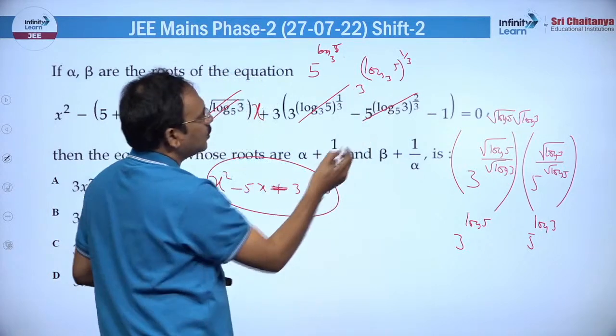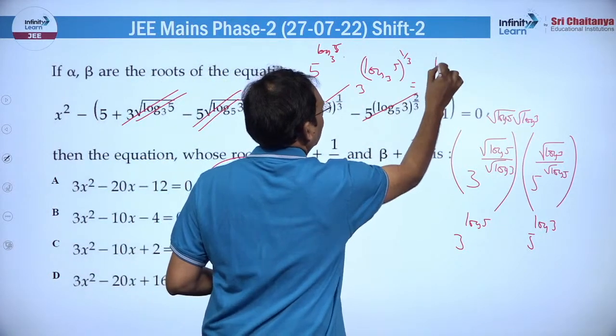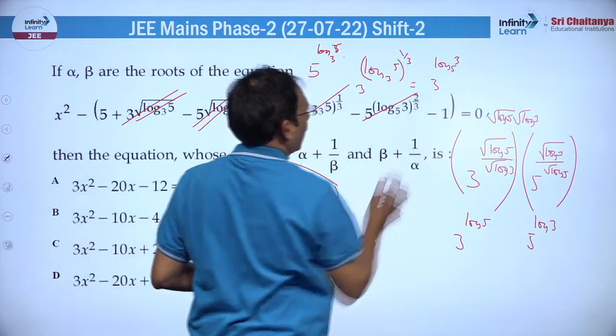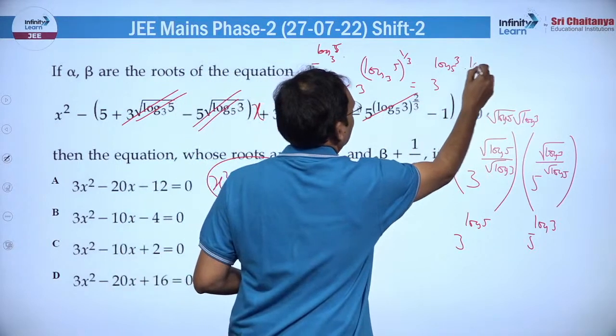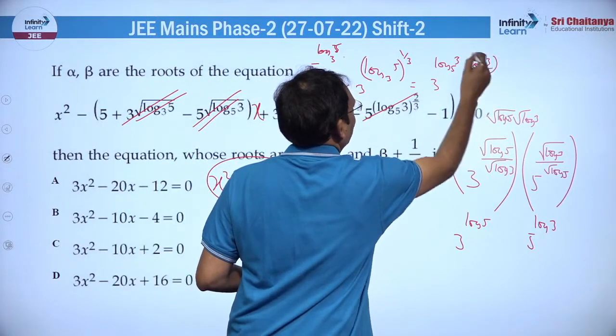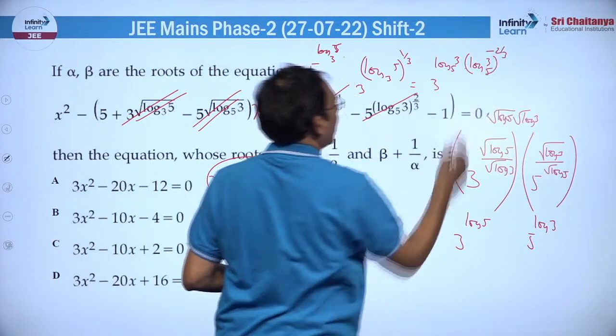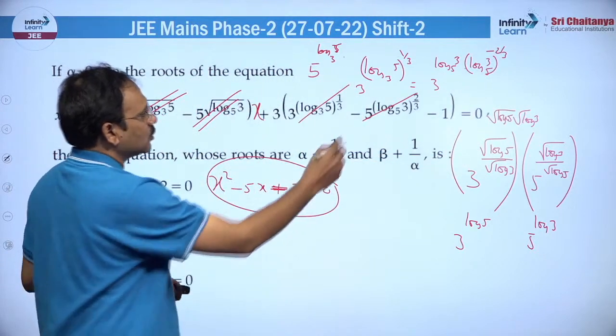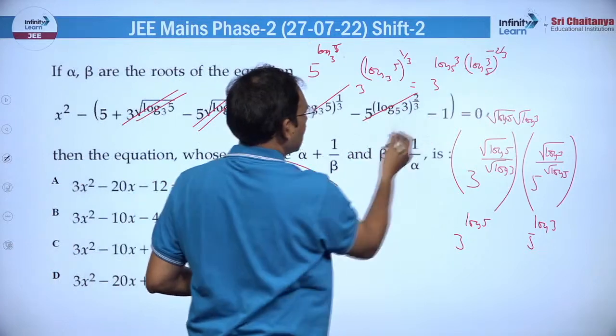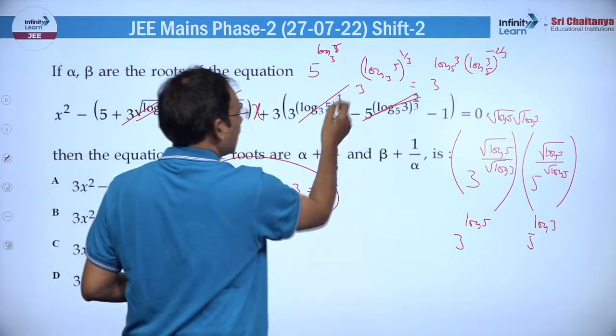You can write it as 3 power log 3 base 5 into log 3 base 5 power minus 2 by 3, my dear friends, so that this can get reversed and you can observe that these two get cancelled.